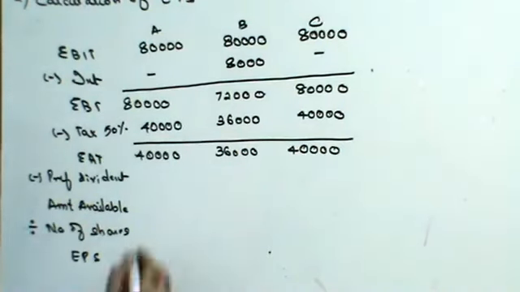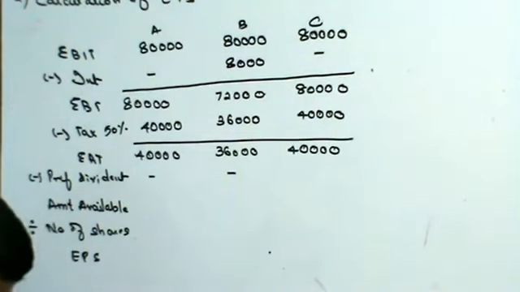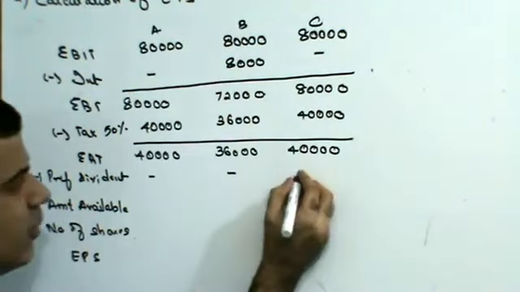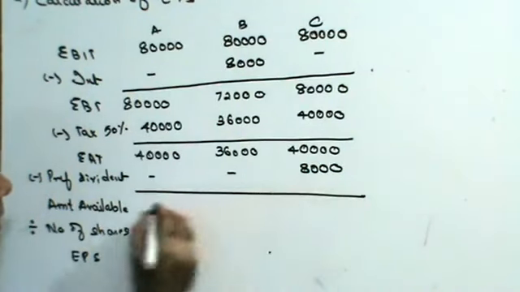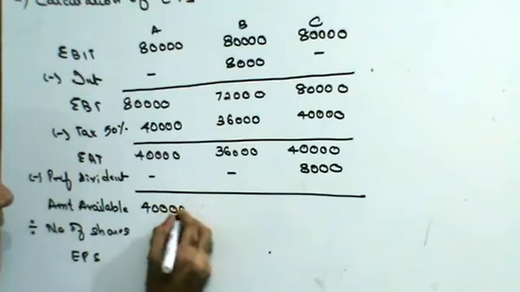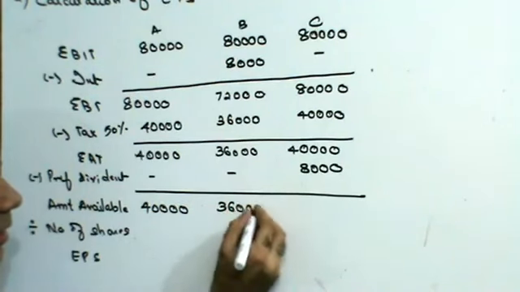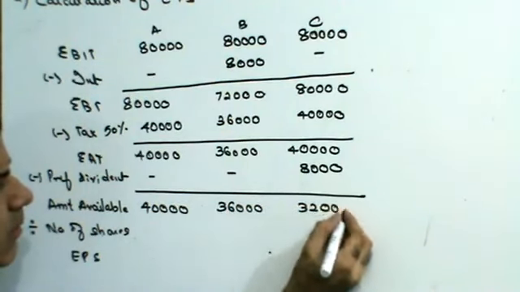Preference dividend. Plan A has no preference shares. Plan B has no preference shares. Plan C has preference share capital of 1 lakh and the cost of preference shares is given to you as 8%. So 8,000. Thus the amount available is 40,000, 36,000 and 32,000.